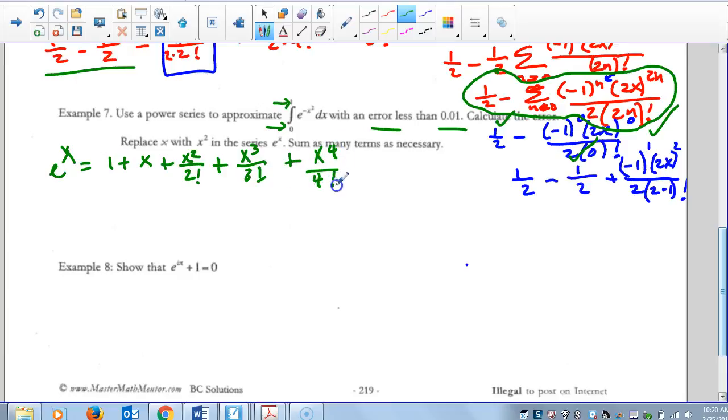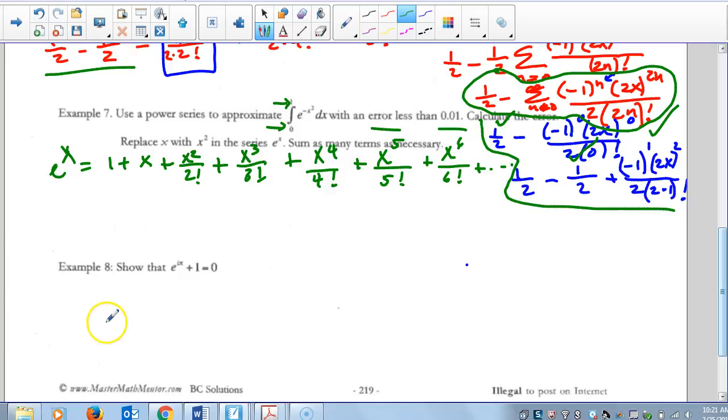And I'm not going to write down the general term because we're integrating for real. We're not just writing the squished form plus c. 5 factorial, x to the 6th over 6 factorial plus etc. And this goes with the example above, so I'll mark that off.